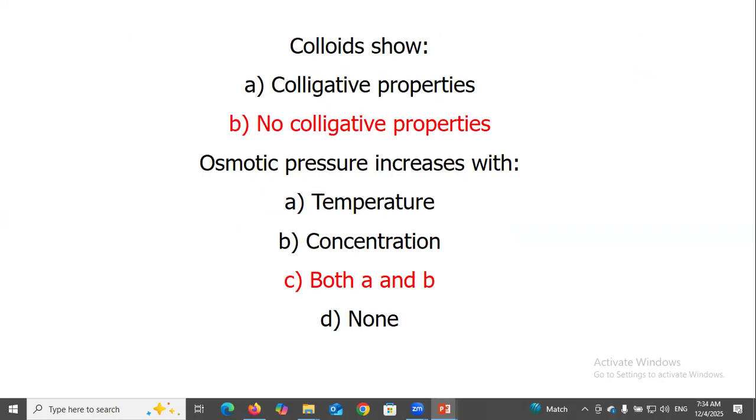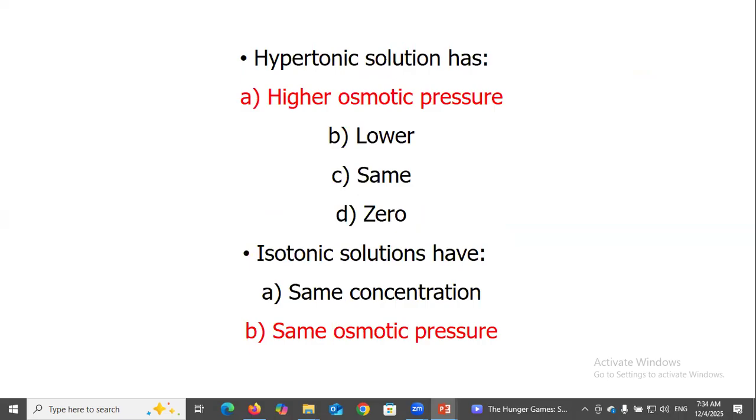Colloids show no colligative properties. Osmotic pressure increases with temperature and concentration, both A and B. Hypertonic solution has higher osmotic pressure.